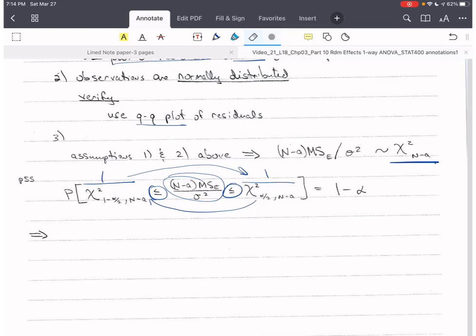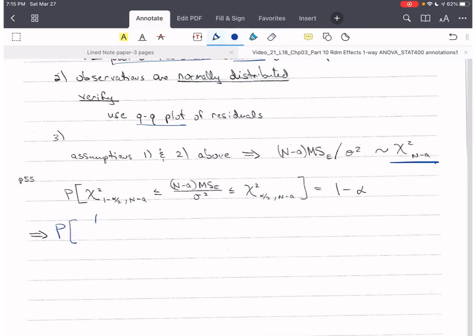We like to start with the smallest value, then this value, then the largest value, going in the same direction as the number line. Okay. So that's my first step. I'm going to have 1 over the larger value, chi-squared alpha over 2, n minus a. And then I'm going to have sigma squared over n minus a times the MSE.